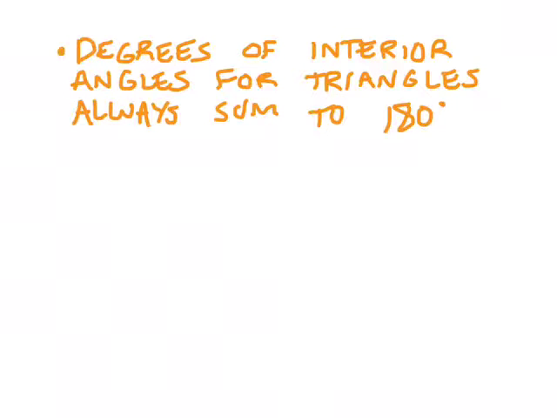The last cool property of triangles we're going to talk about is probably the most important. The interior angles of triangles always sum to 180 degrees. So looking at this triangle here, I would know that the angle measurement there plus the angle measurement here plus the angle measurement there would equal 180 degrees.